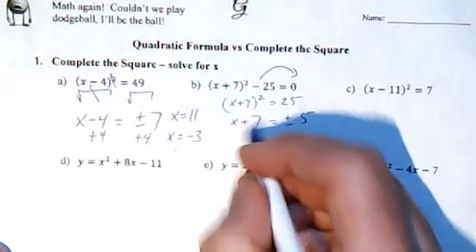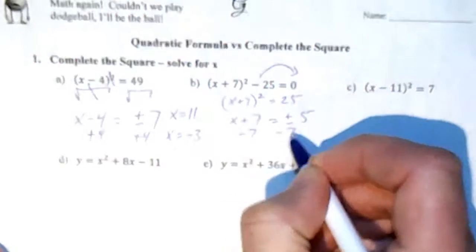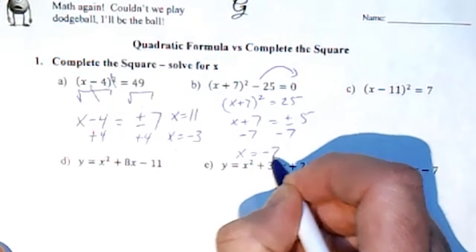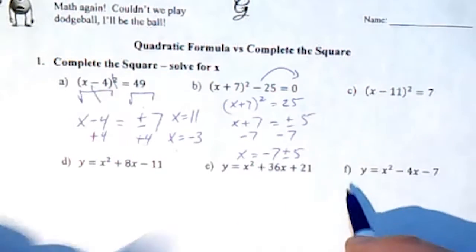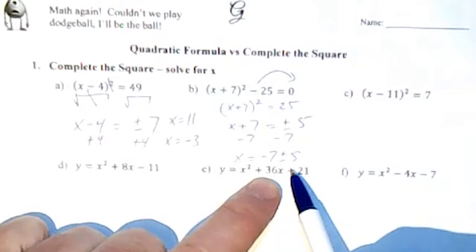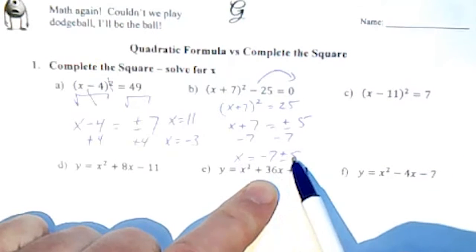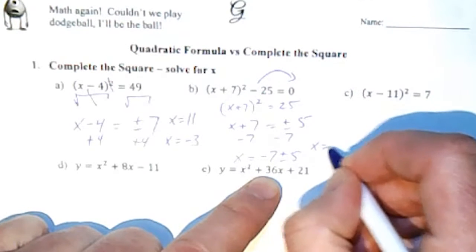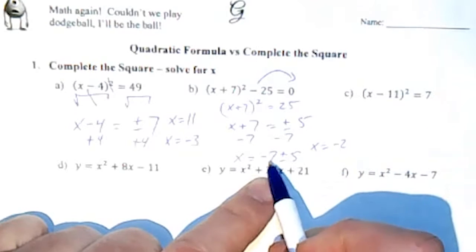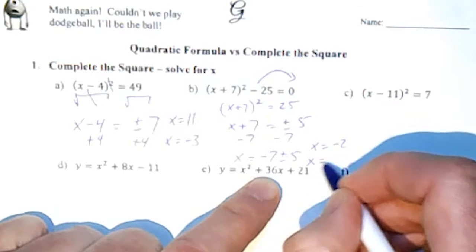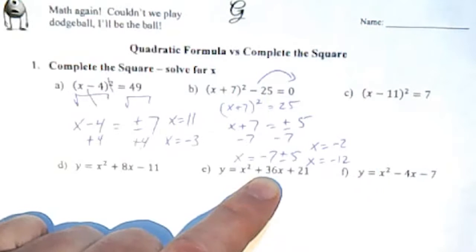Now we have to move the 7 over, so we subtract 7. And I have two possible solutions. Negative 7 plus 5 is negative 2. Negative 7 minus 5, two possible answers.